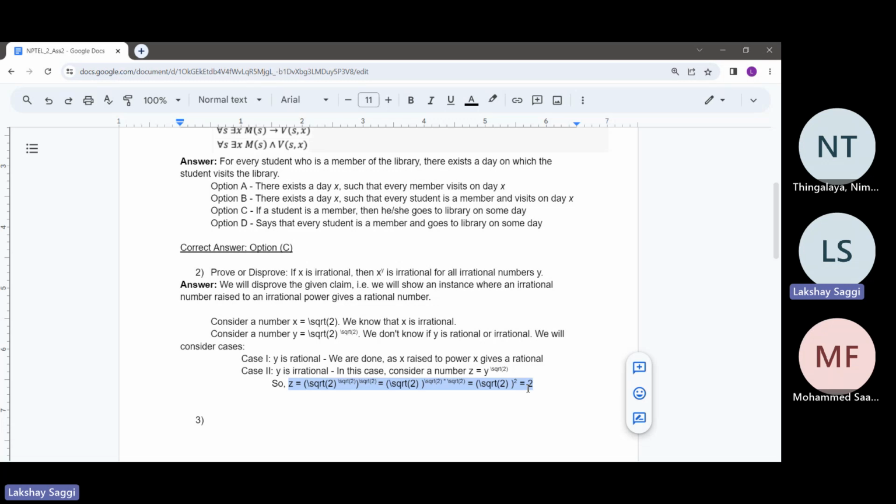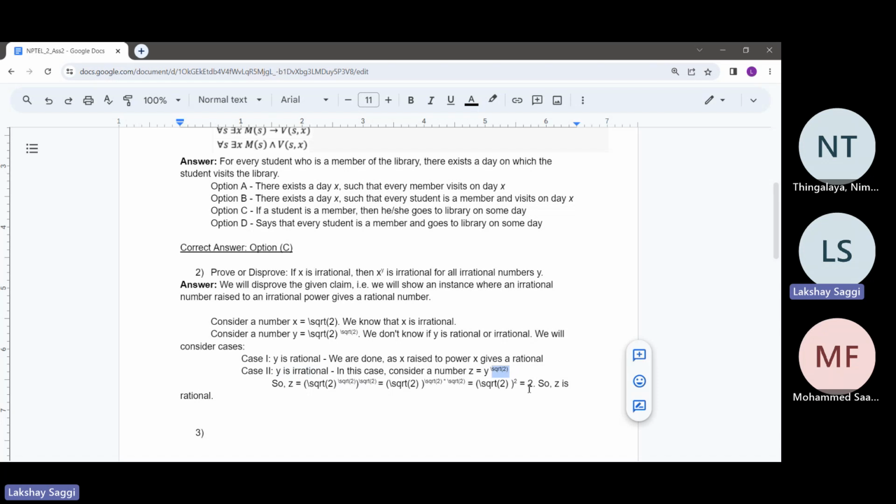Z is a rational number, right? Because 2 is rational. So Z is rational. So what this means is that in this case, what did I do? I took an irrational number y, because I assumed that y is irrational, and I raised it to the power root 2, which is again an irrational number.